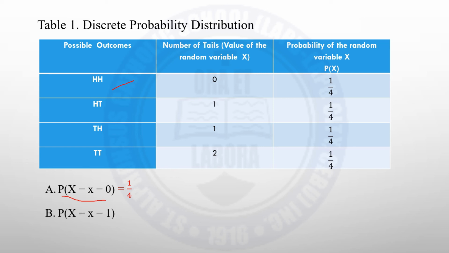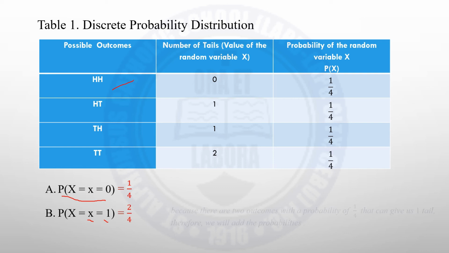For the second one, we have H and T. The probability of the random variable, or the uppercase X, equals the possible value of the random variable, or the lowercase x, equals 1, because the number of tails is 1. And the answer is 2/4.